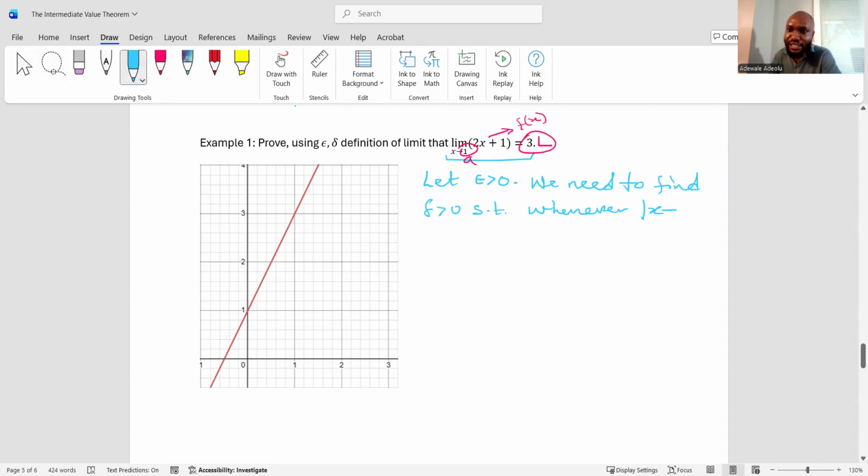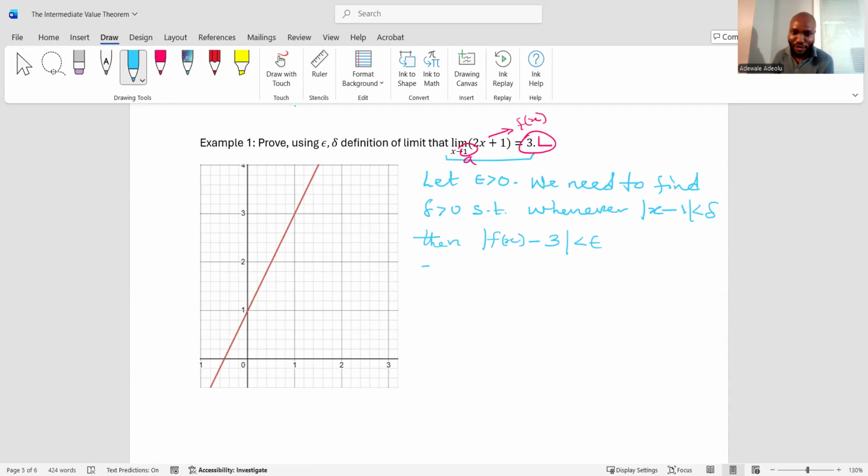Such that the distance between x and A, our A is 1, is less than that delta. Whenever this happens, then the distance between our function and the limit value is less than epsilon. We are guaranteed that will happen.